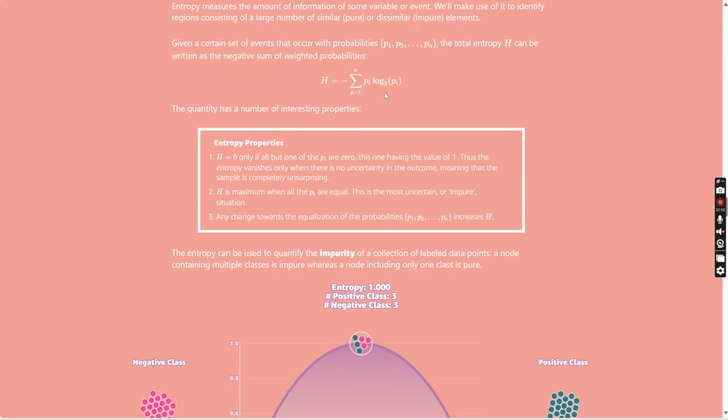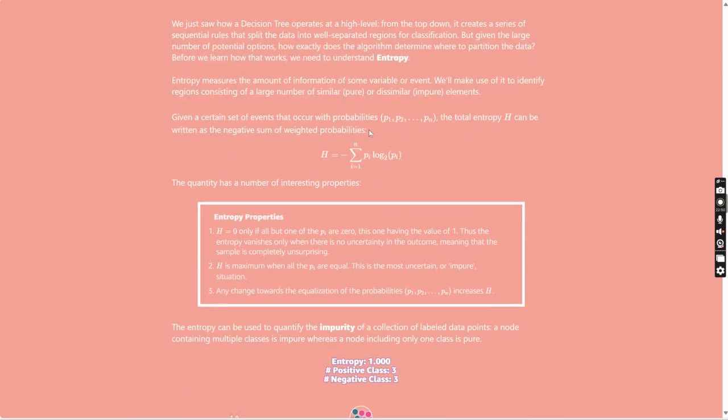So with this definition, total entropy will be 0 only if all but one of the Pi are 0, and that one has a value of 1.